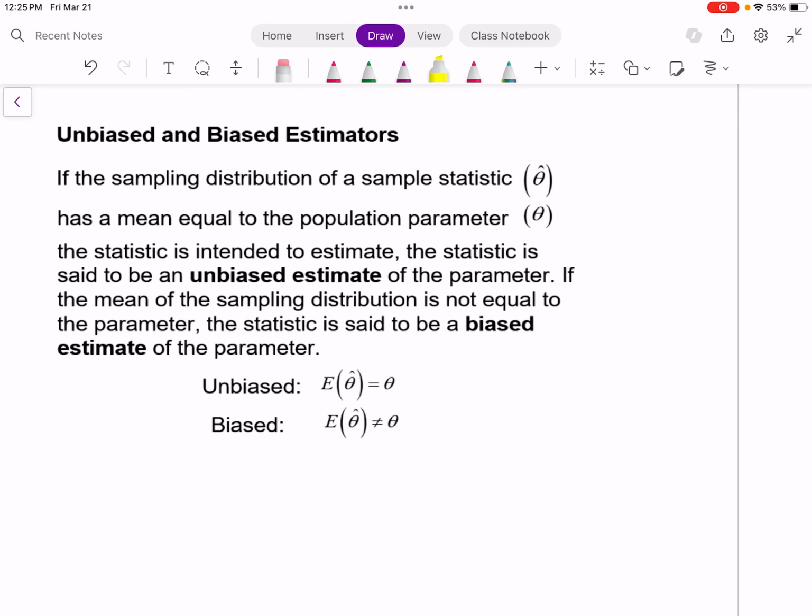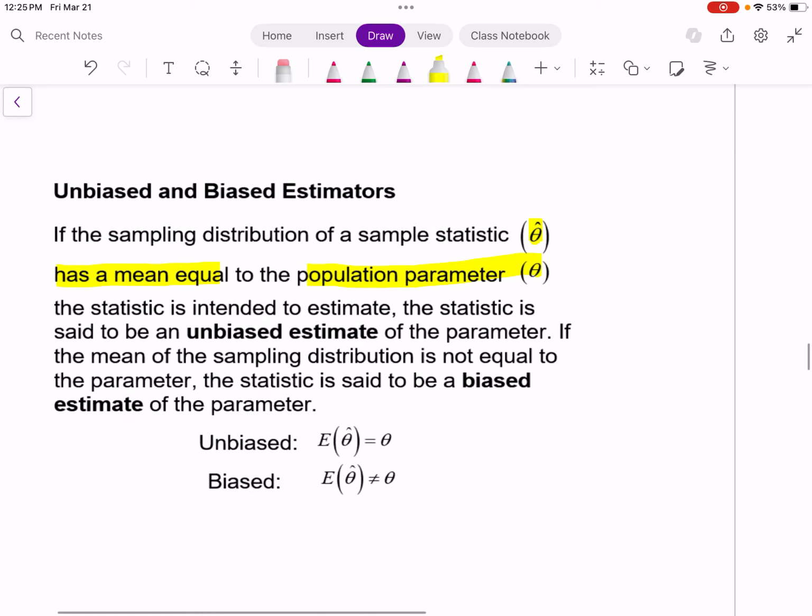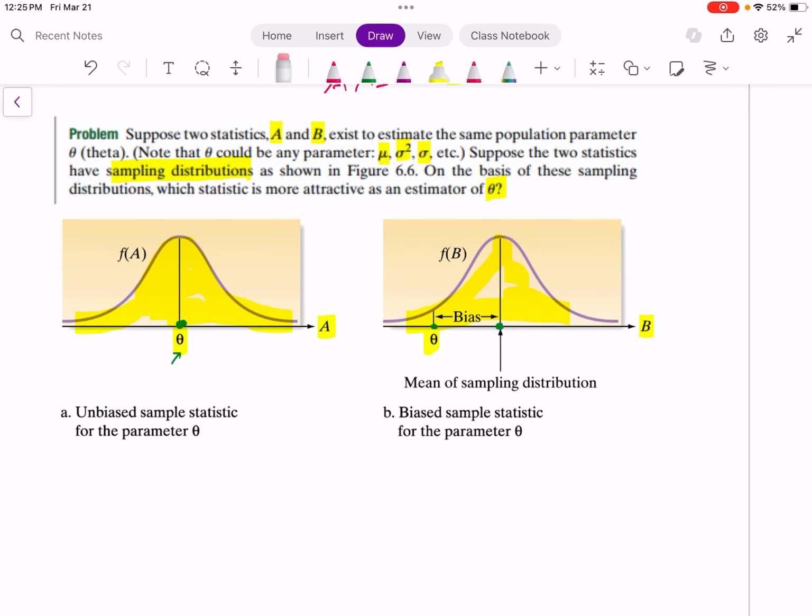If the sampling distribution of a statistic theta hat has a mean equal to the population parameter theta, like the very first statistic, where the mean of the sampling distribution is here and equals our parameter theta, we call that statistic an unbiased estimator.